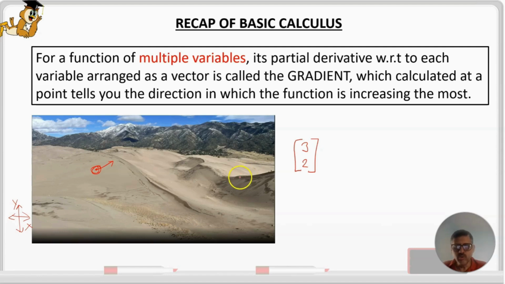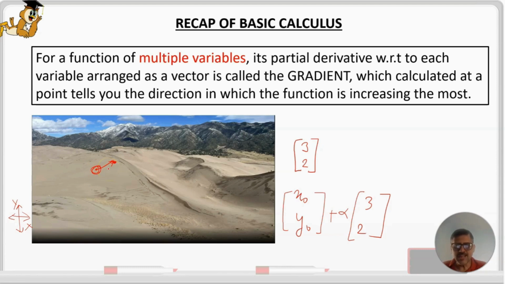So if you were sitting at a point x0, y0, let's say this red dot that you had drawn was point x0, y0, and you wanted to increase your elevation, the point you would need to go to would be some multiple, like I said, alpha times the vector 3, 2. So x would increase by 3 units, y would increase proportionately by 2 units, and you would move to a new point over here, whose elevation would be higher than the elevation of this point here.